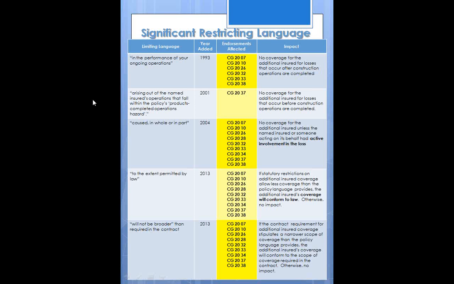The insured coverage, it says in the very dark bold letters, the coverage will conform to the law.